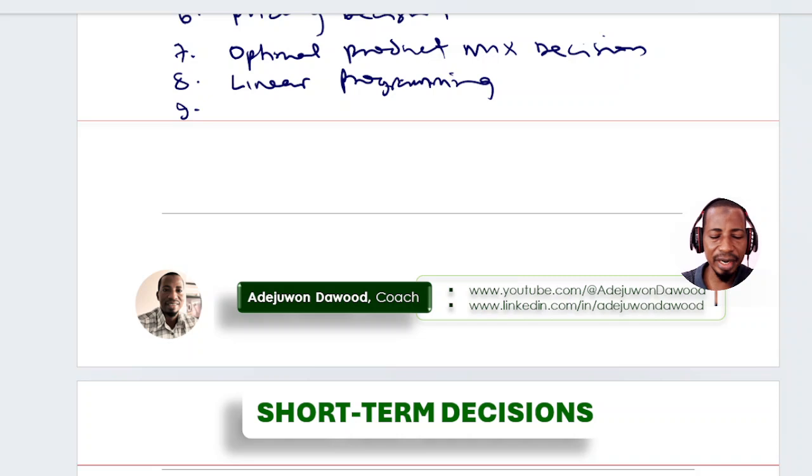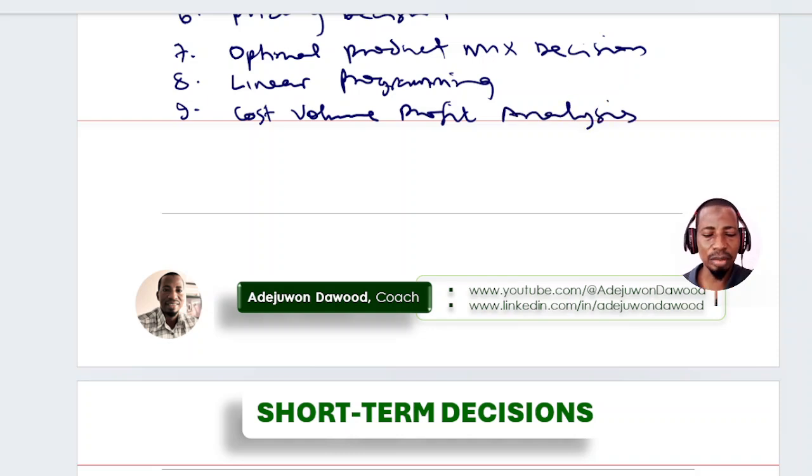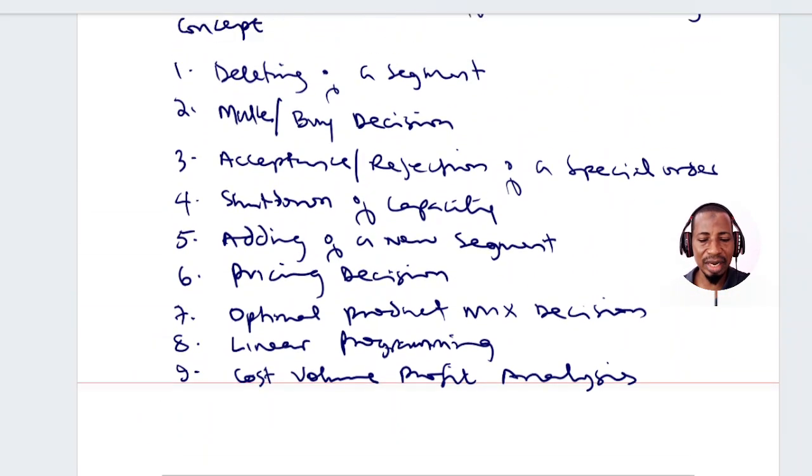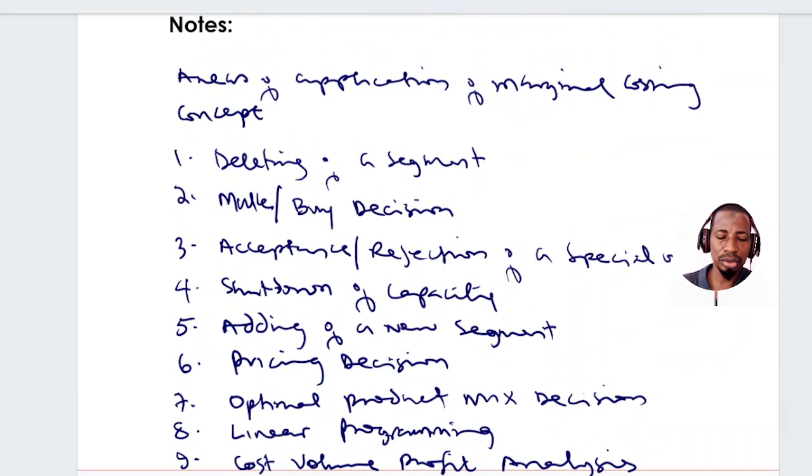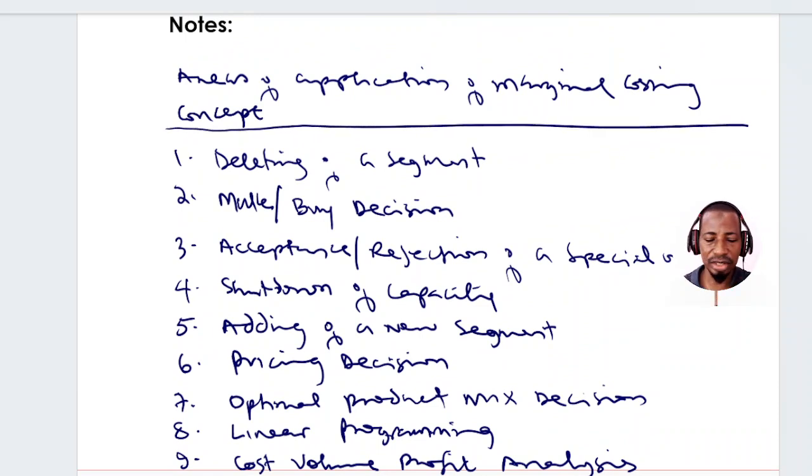Then finally, another area where you can apply marginal costing concepts is cost, volume, profit analysis. We can use marginal costing concepts to analyze cost, volume, and profits. So these are some of the areas in which the marginal costing concept can be used to aid managerial decision.